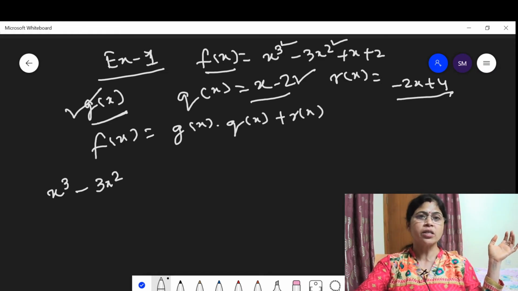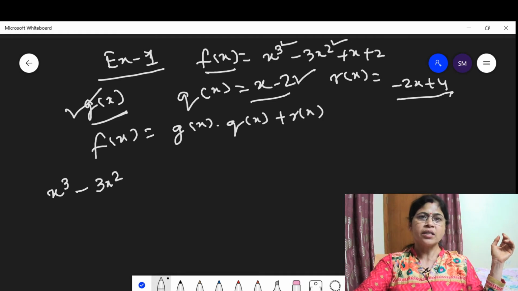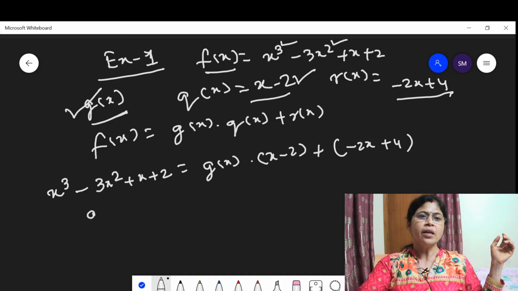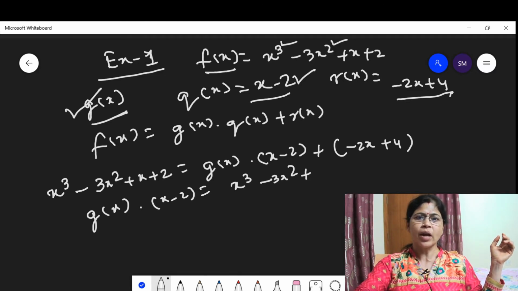Now here f(x) is given as x cube minus 3x square plus x plus 2, which is equal to g(x), unknown here, into q(x), given as x minus 2, plus r(x), also given as minus 2x plus 4. By solving this, we get g(x) into x minus 2 equal to x cube minus 3x square plus x plus 2, then take it to the left side.